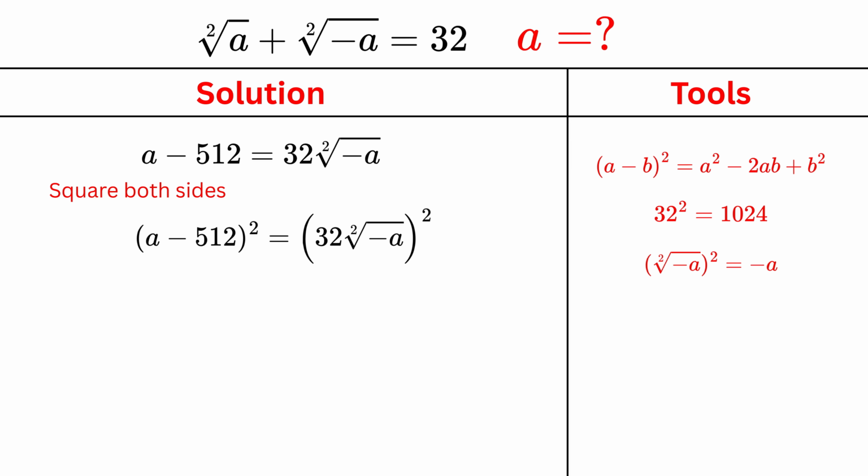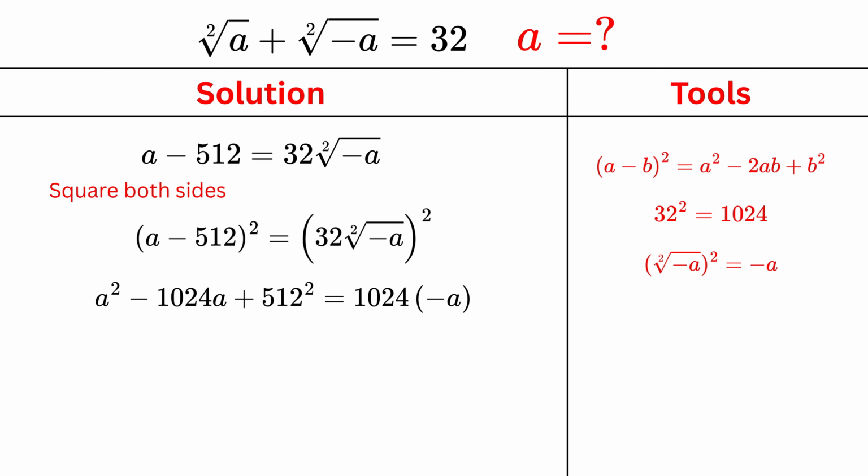On the left side, squaring a minus 512 gives a squared minus 1024a plus 512 squared. On the right side, squaring negative 32 times square root of negative a gives 1024 times negative a.